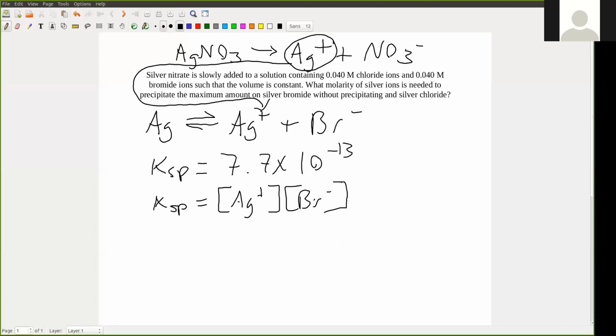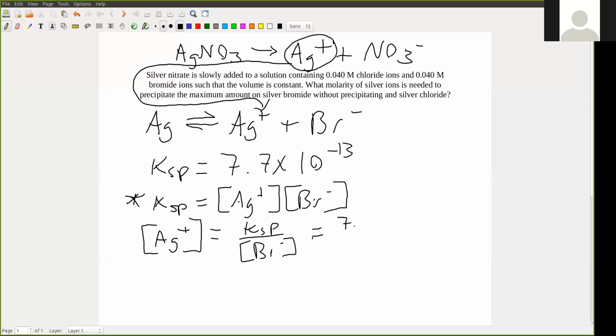We know what the Ksp is and we know what the Br- is, so we can solve for Ag+. That concentration will be Ksp divided by Br-, and we get that by dividing both sides of the equation by Br-, which cancels on the right-hand side. Then just plug in our numbers.